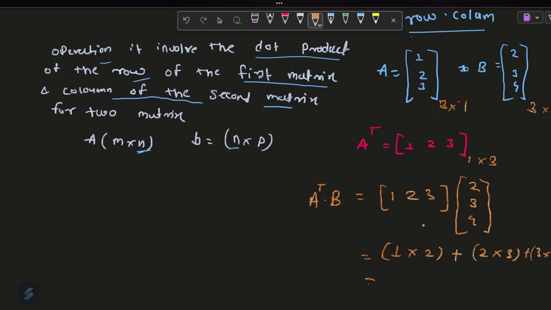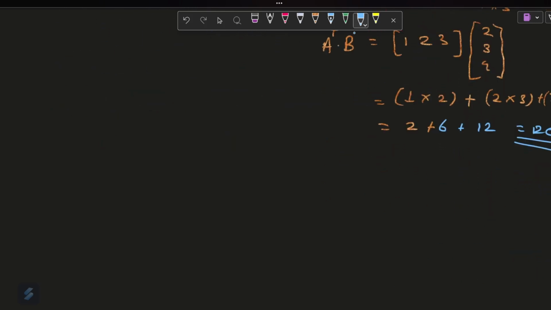So the final result is 2 plus 6 plus 12, which is 20. This is how we get a matrix multiplication.